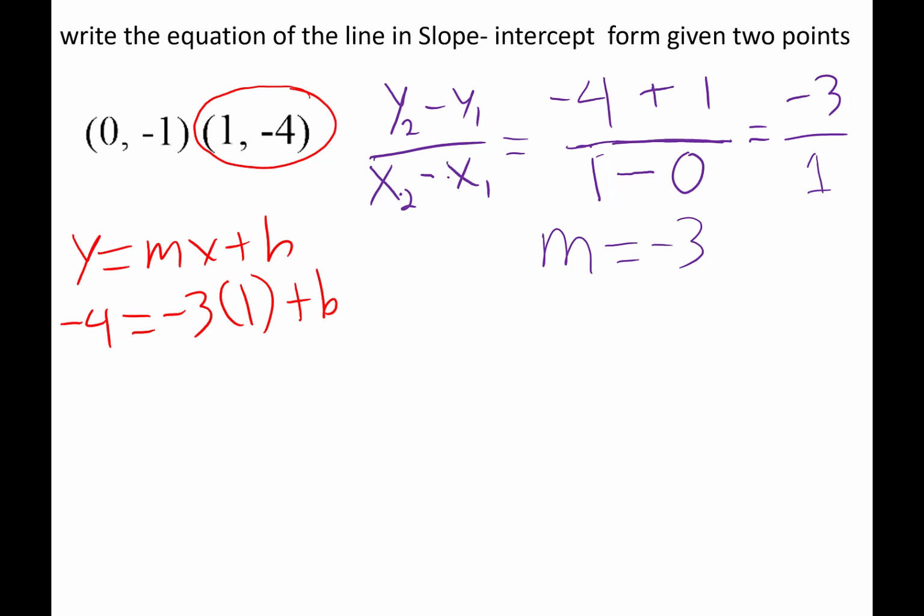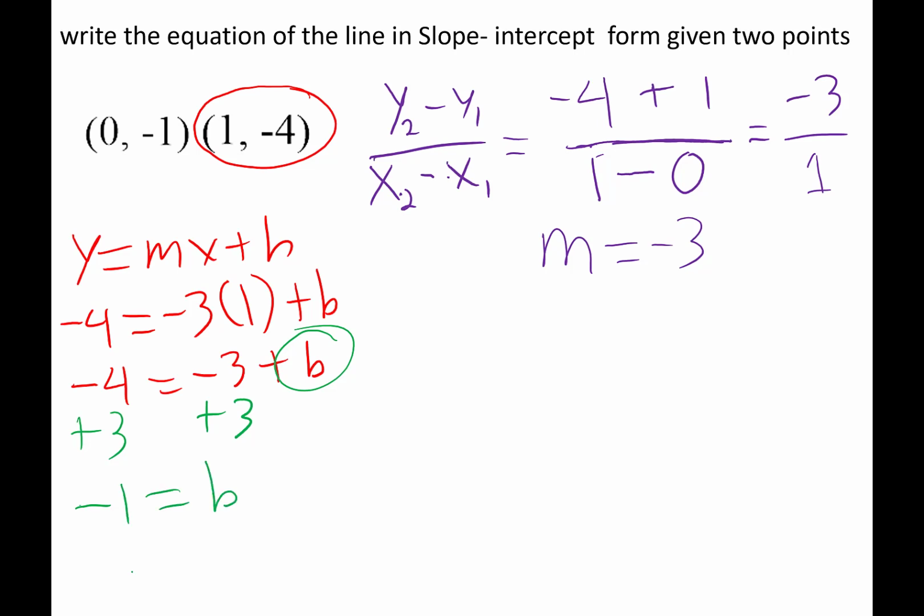Well, -3 times 1 is -3. I still have plus b. I'm going to add 3 to both sides since it's a negative, right? We're isolating here. -4 plus 3 is a -1.